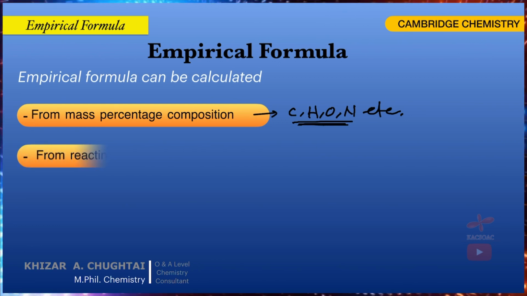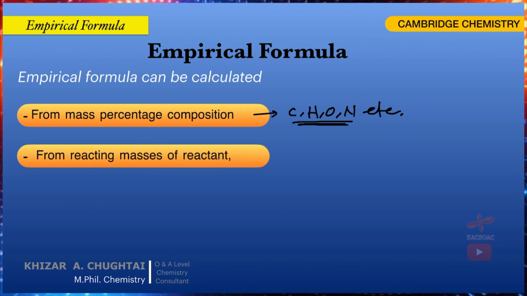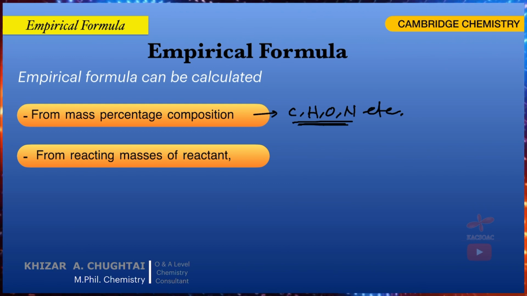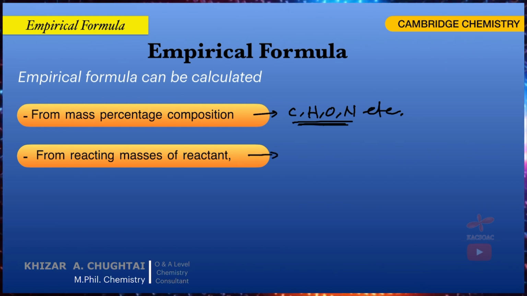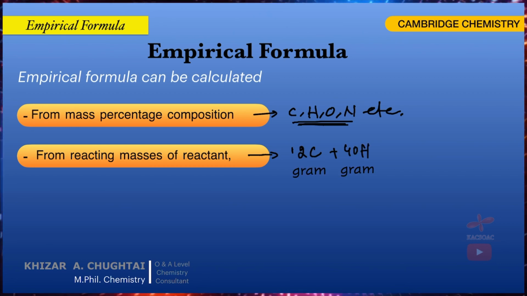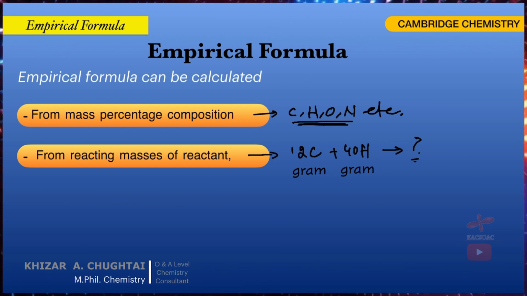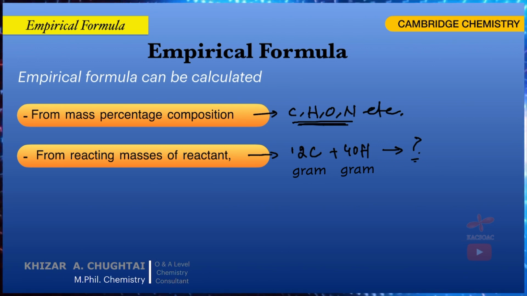The next way is we can calculate the empirical formula from reacting masses of the reactants. For example, let's suppose 12 gram carbon was allowed to react with, let's suppose 40 gram hydrogen, and let's see what should be the empirical formula.